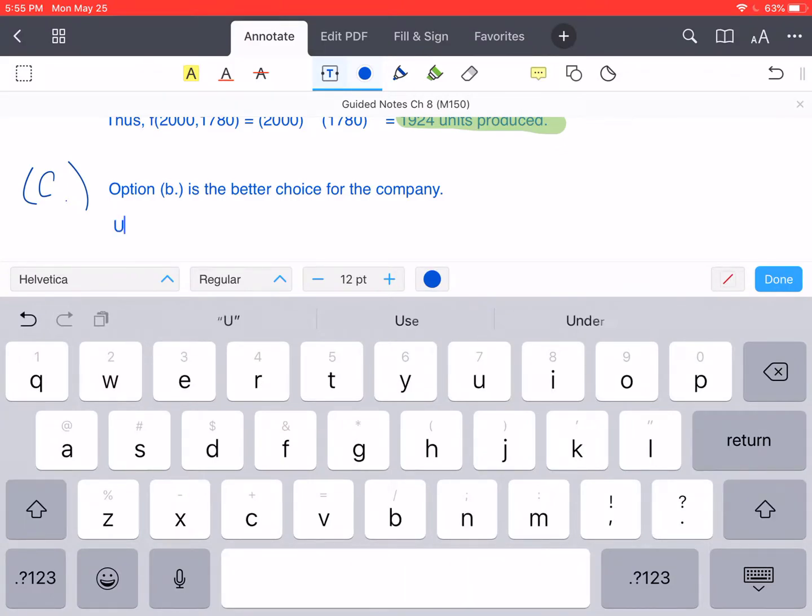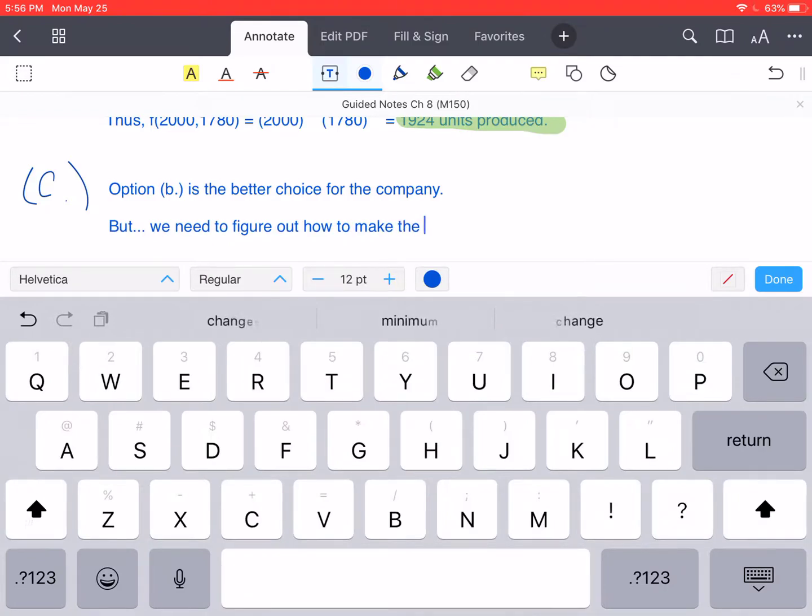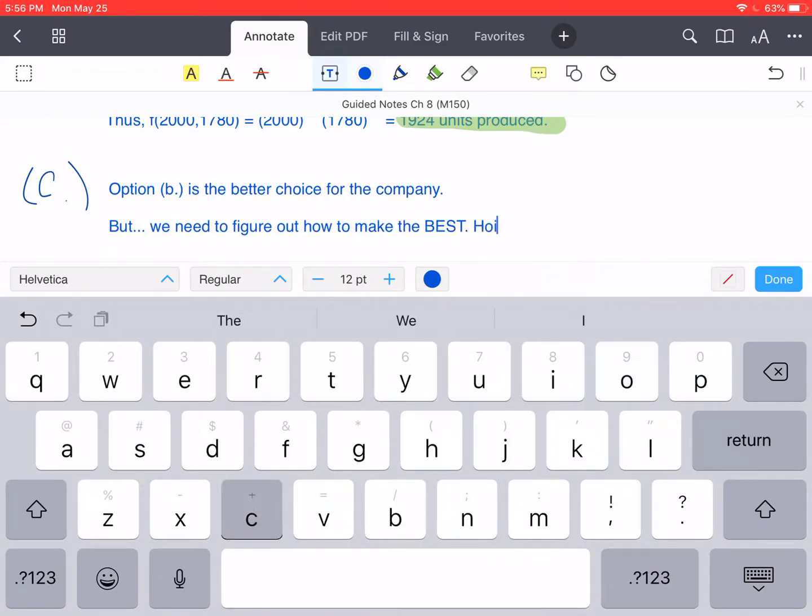But we're not just trying to figure out, here's two options, which one is better. We want to figure out how to make the best choice.